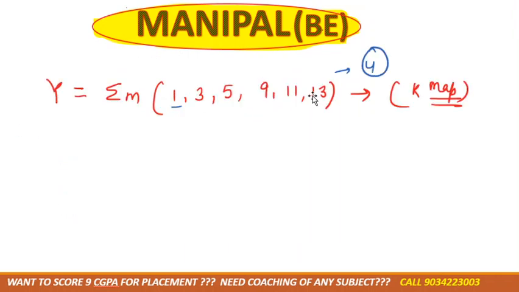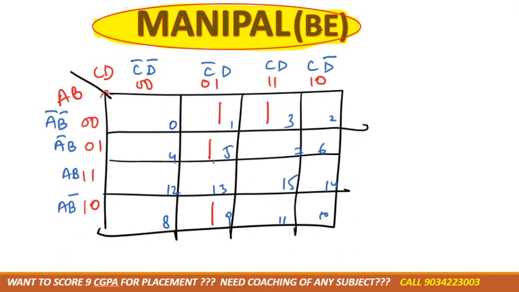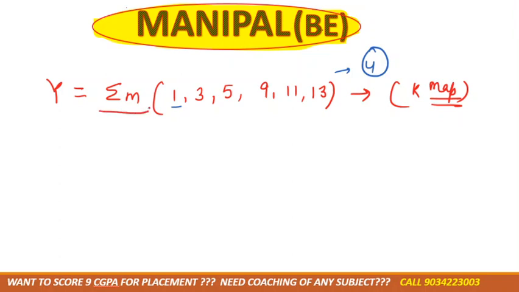Okay, then they gave you 11 and 13, 13 and 11. So rest of the terms you will need to mark as 0. Whatever number they have given you will be marked as 1. Other numbers are 0.